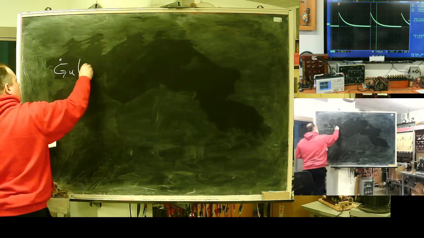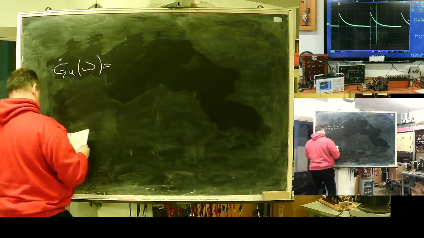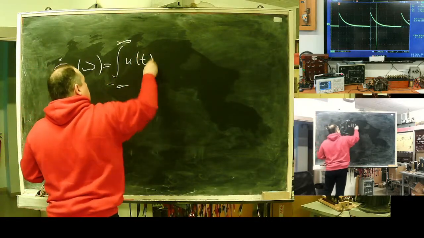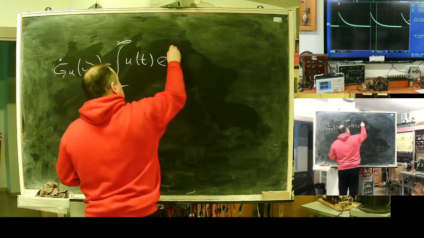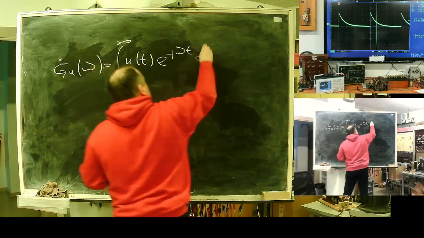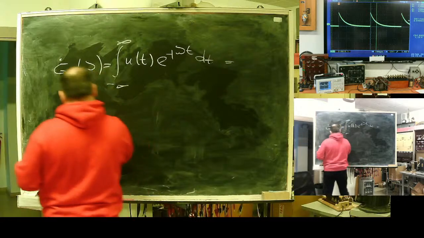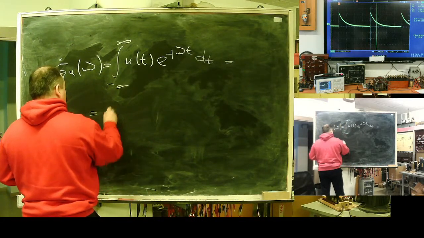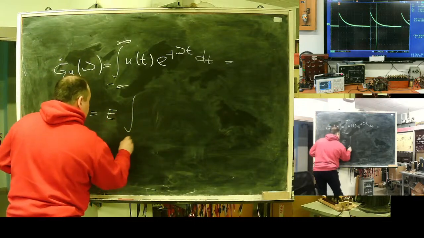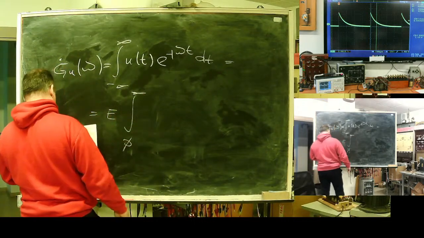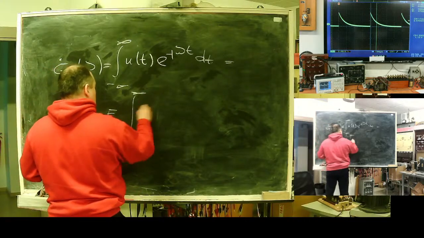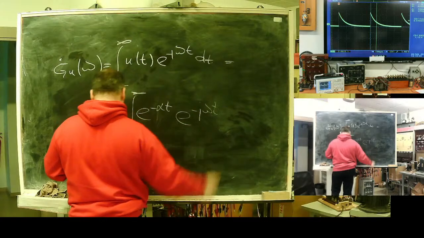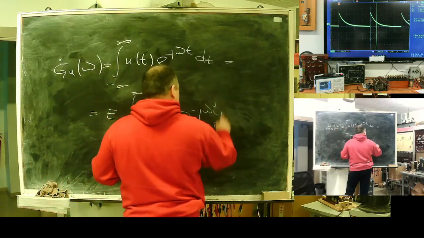How can I get the corresponding spectral function? The integral from minus infinity to infinity of f(t) e to the power minus j omega t dt. In my case, what will I get? I need to integrate from 0 to infinity of e to the power minus (alpha plus j omega) t dt.